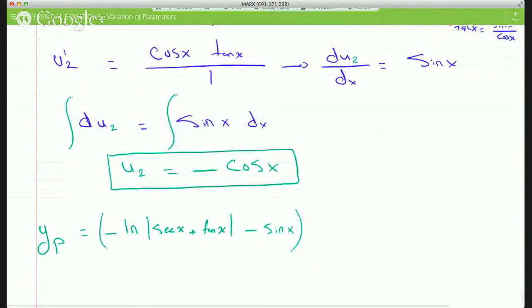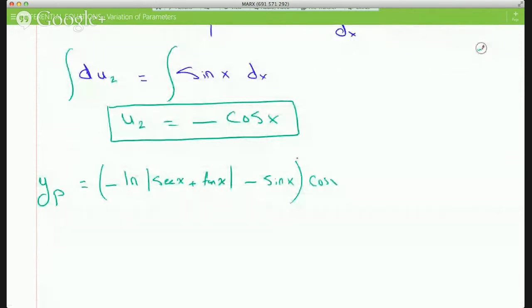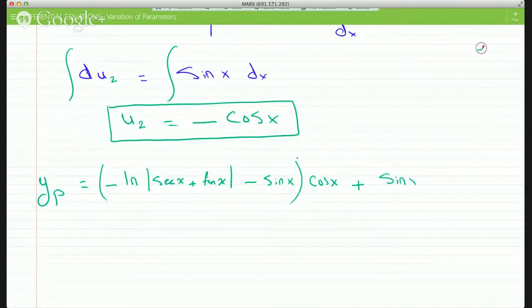What was y1? We called it cosine x. Plus u2 times y2, so y2 is sine x times minus cosine x. So this becomes a minus cosine. So this here is y particular.